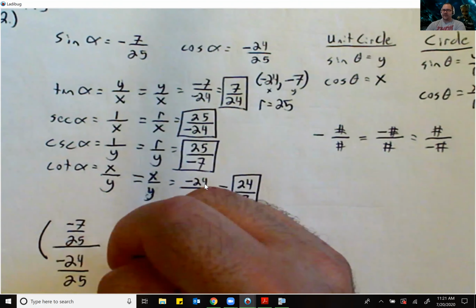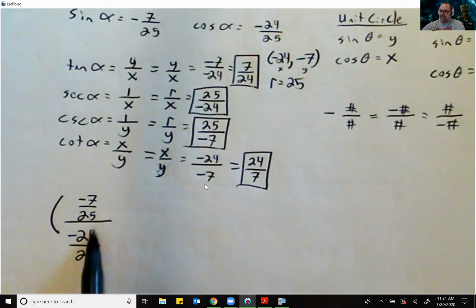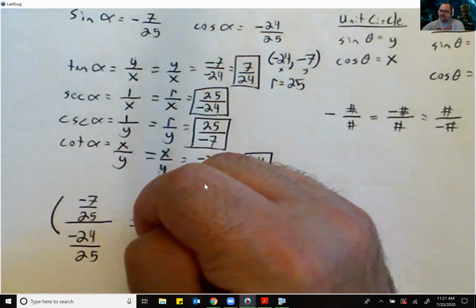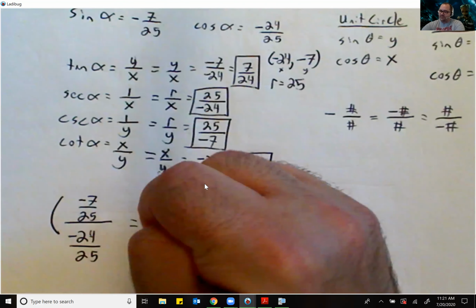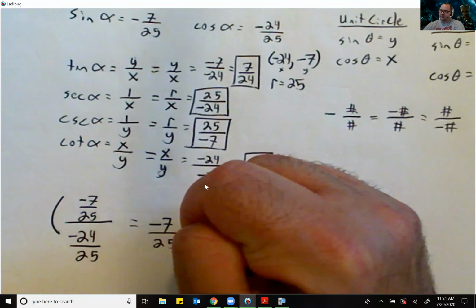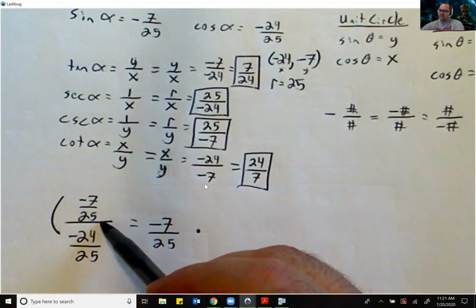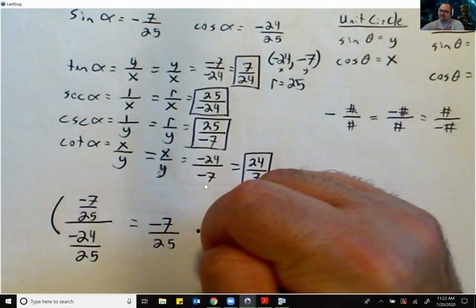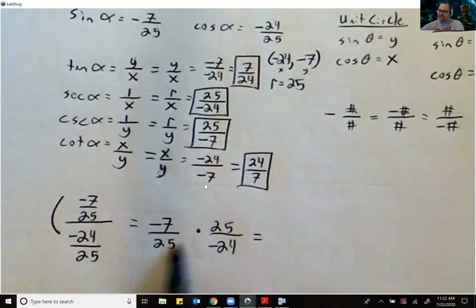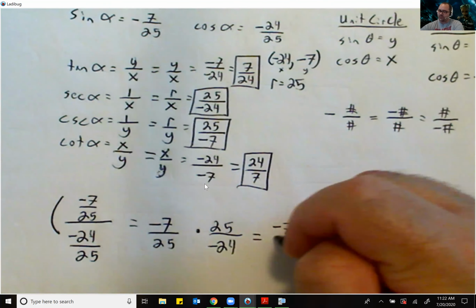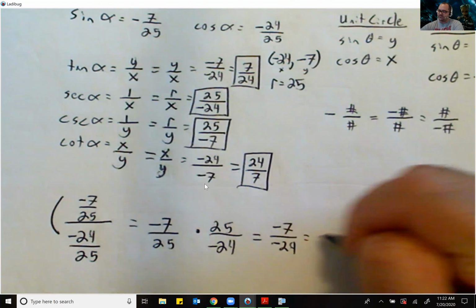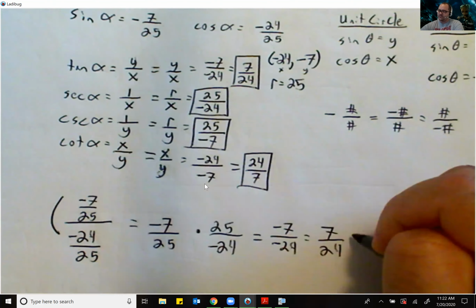We don't divide by fractions, we multiply. So what you really have is negative 7 over 25 times keep, change, flip, 25 over negative 24. The 25s cancel, which gives you the negative 7 over the negative 24, which is a positive 7 over 24. Okay?